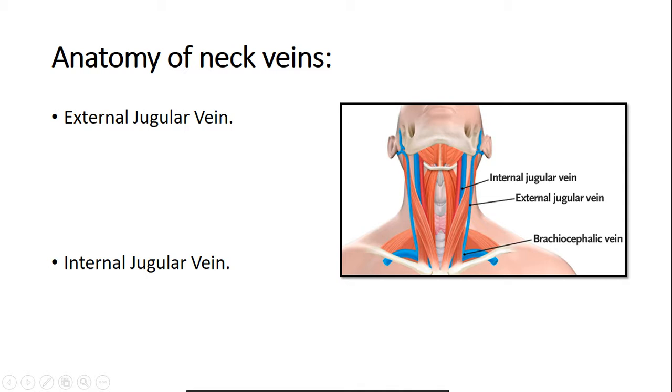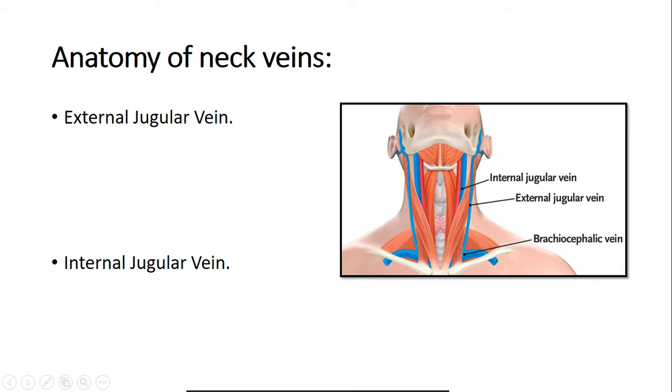The sigmoid sinus is responsible for the venous drainage of the brain, the dural sinuses, and ends as the internal jugular vein, which passes through the jugular foramen in the cranial bone and goes through the neck, just beneath the sternocleidomastoid muscle, in the carotid sheath, and then joins the subclavian vein on the right side, or the brachiocephalic vein on the left side.